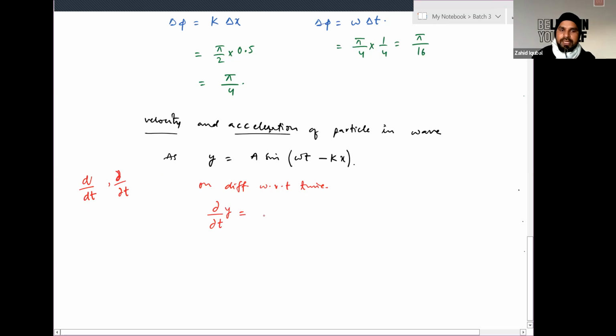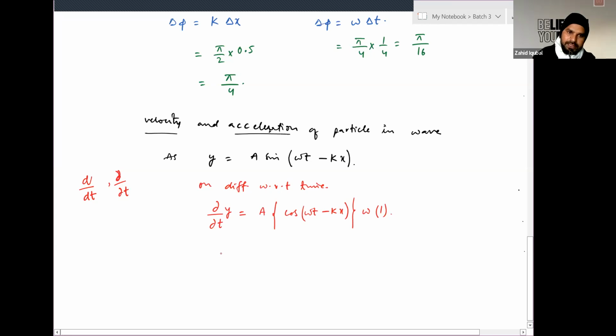Partial differentiation of y with respect to t. A being constant, keep it outside. Differentiation of sine is cos of omega t minus kx. In this part, I'm taking t as the variable, so its coefficient omega, being constant, is kept outside, and differentiation of t is just 1.